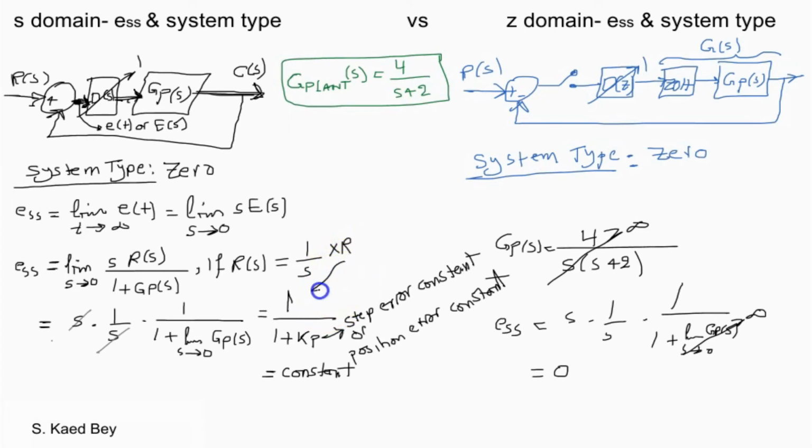We can conclude with step inputs, the steady-state error is constant for a system type 0, and it is 0 for type 1 or higher.